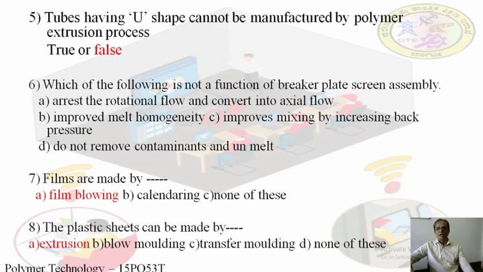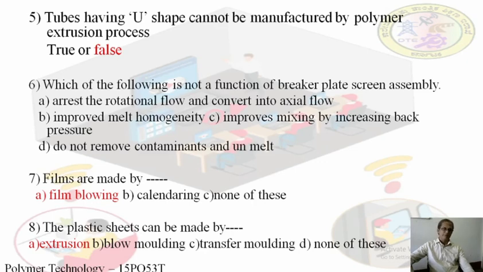D, do not remove the contaminants and unmelt. This is the answer. So A, B, C are the functions of breaker plate, and which is not a function is D, do not remove the contaminants and unmelt.